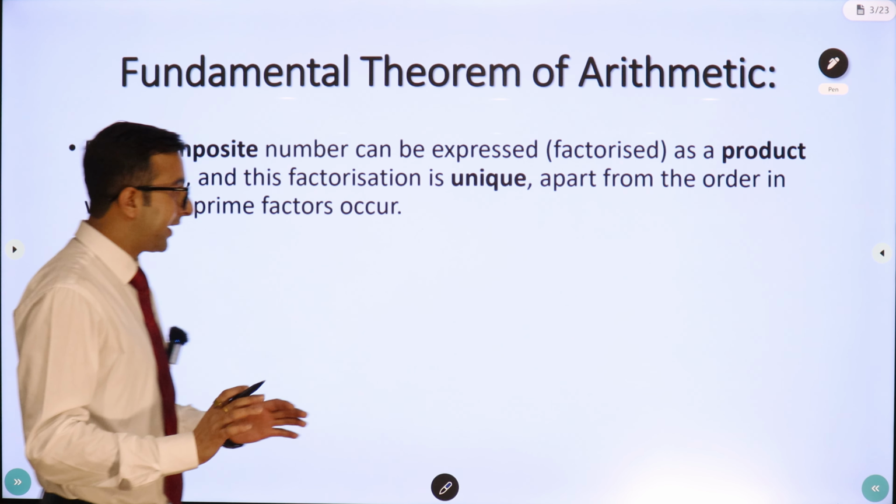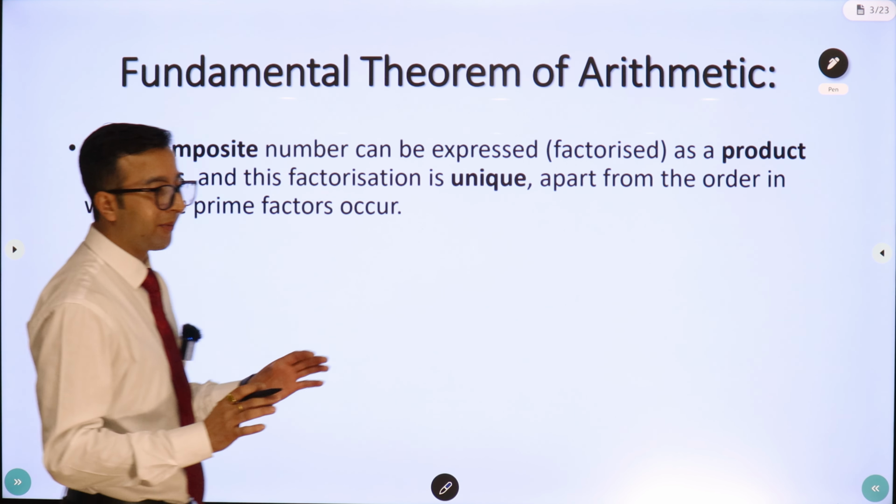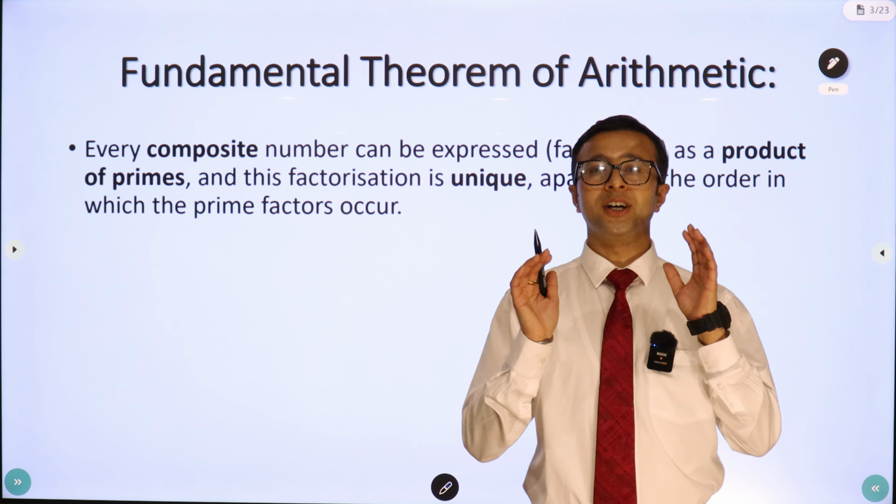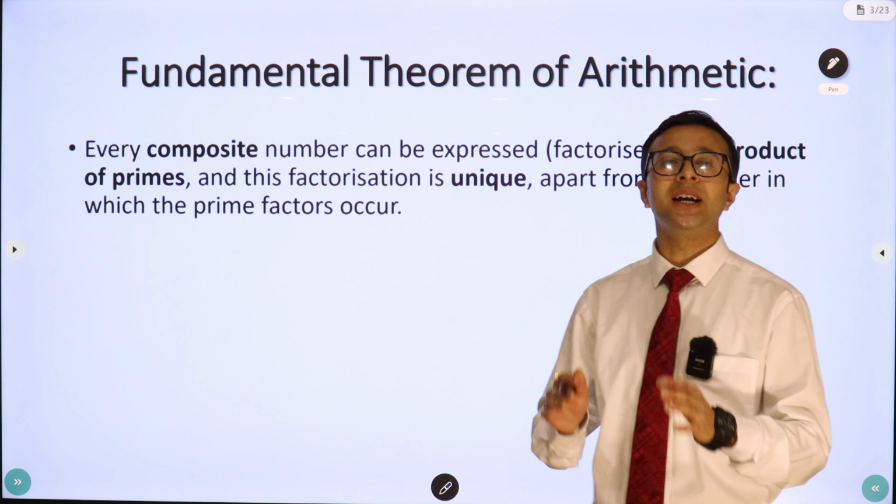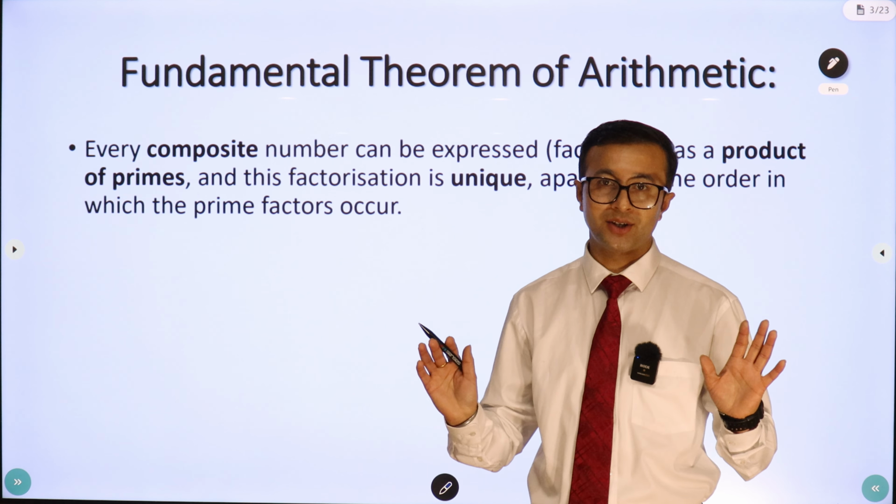The simple idea is that every composite number can be expressed uniquely as the product of primes. That's all.